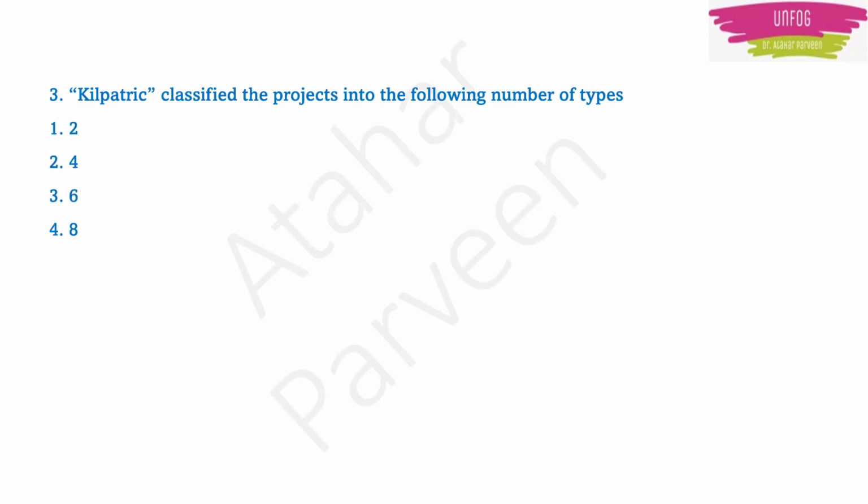Next question. Kilpatrick classified the projects into the following number of types. So the project method was classified into 4 types and this method was given by Kilpatrick. Kilpatrick was the one who told about the project method.